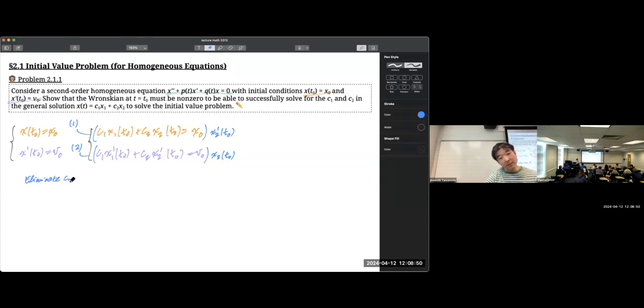I can eliminate the C2 term by doing equation 1 minus equation 2.